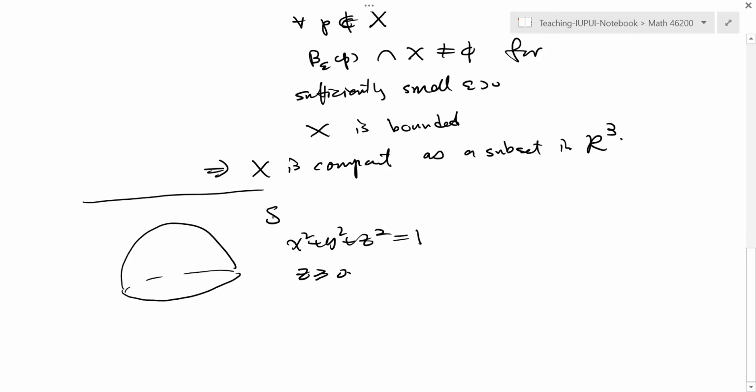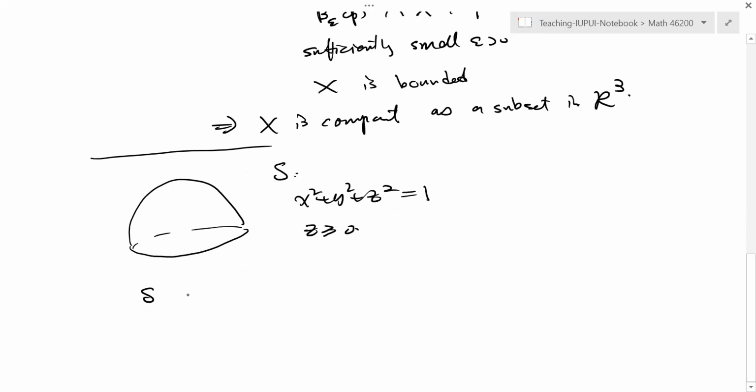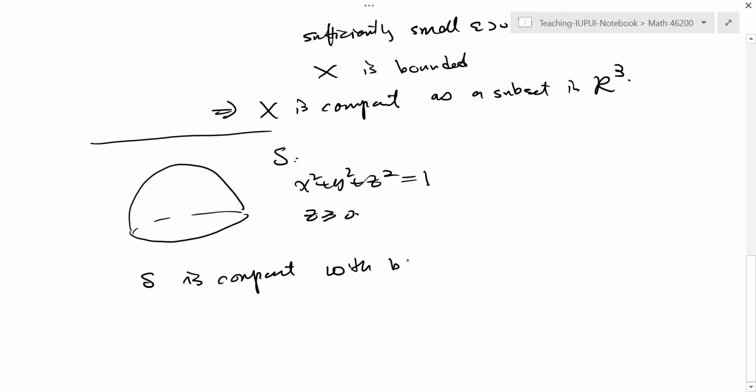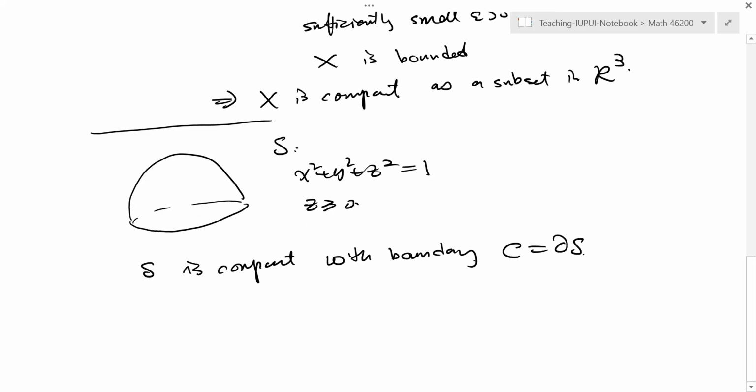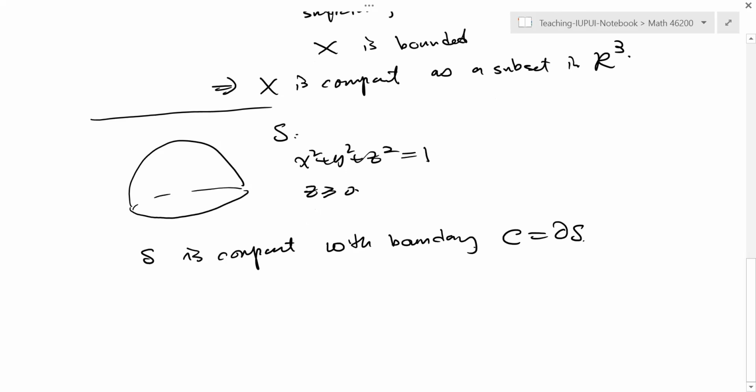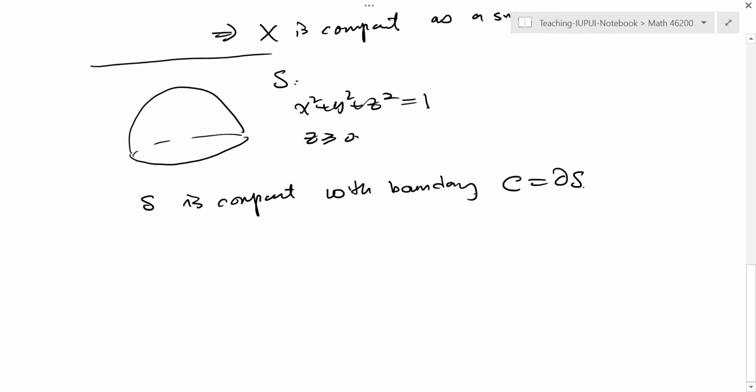Call this S1. Now this S1 is compact, a compact surface with boundary, the boundary being the circle, given by that notation. It's a compact set, so this is a compact surface with boundary.